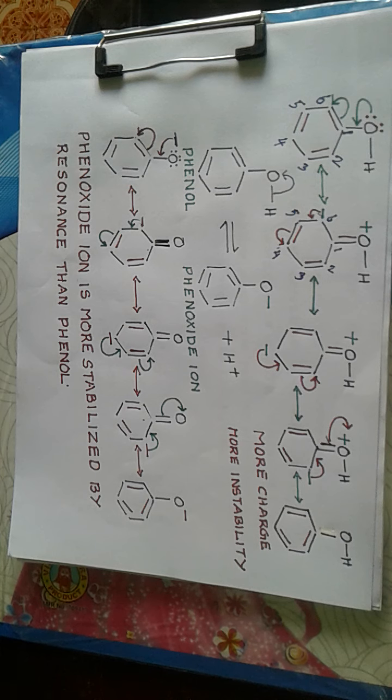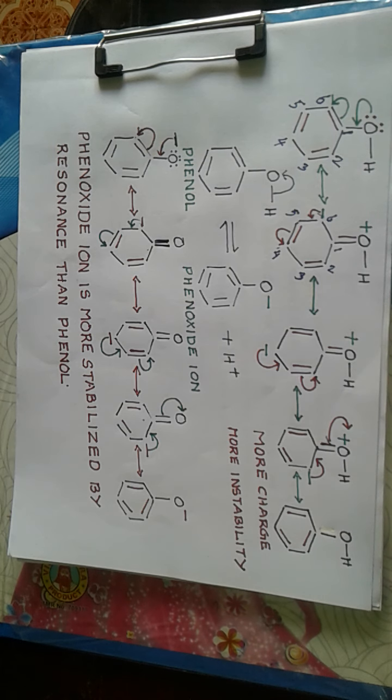So we say phenoxide is more stabilized by resonance than phenol, so that the resonance hybrid of phenol will have a higher free energy than the resonance hybrid of phenoxide.